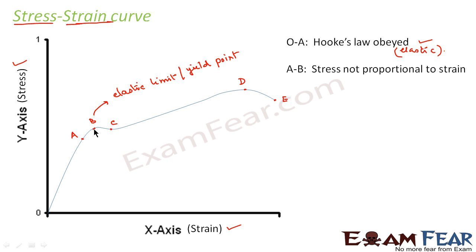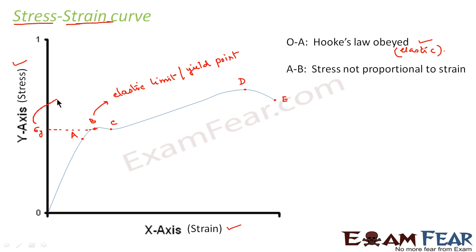So what is the stress corresponding to point B? If you join it, the value of stress corresponding to point B is this. Let us denote it by sigma y. So this is your yield strength. So this stress is known as yield strength. Let me write it here.